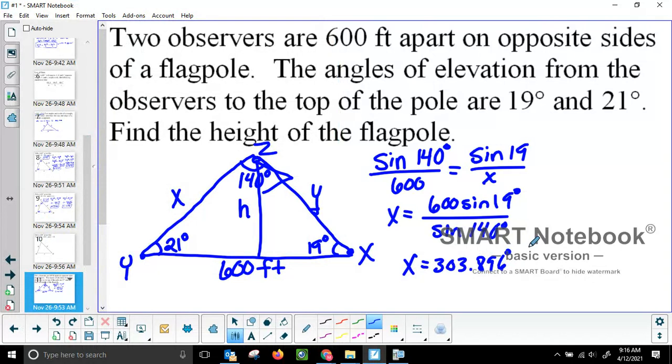Now that we have one of these sides, we can talk about this height. Since we found x, I'm only going to concern myself with this triangle.